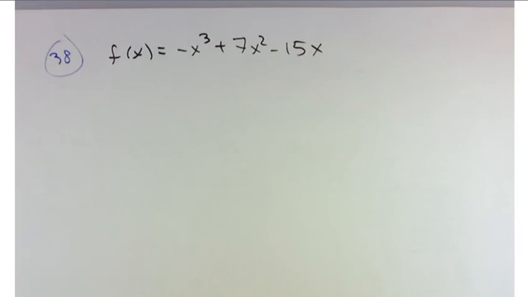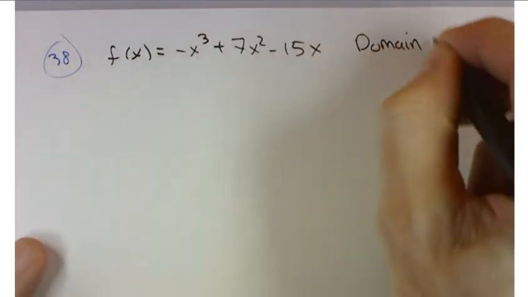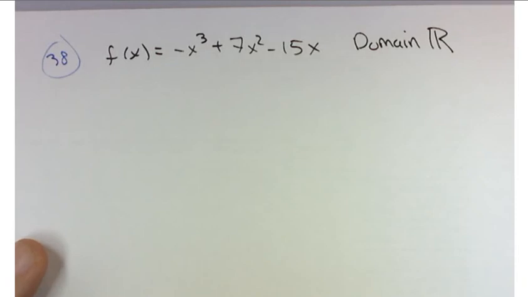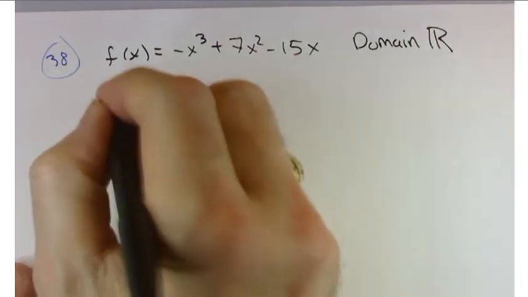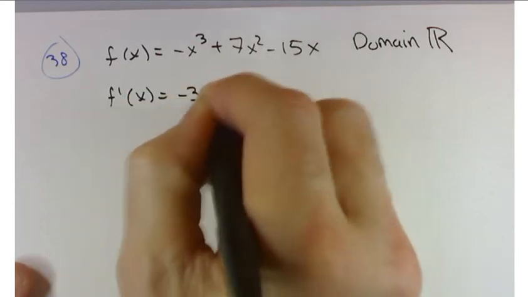Domain. Excellent. The domain is everything. This is just another polynomial function. Domain is negative infinity to infinity. Let's work on some derivatives. F prime of x is negative 3x squared plus 14x minus 15.